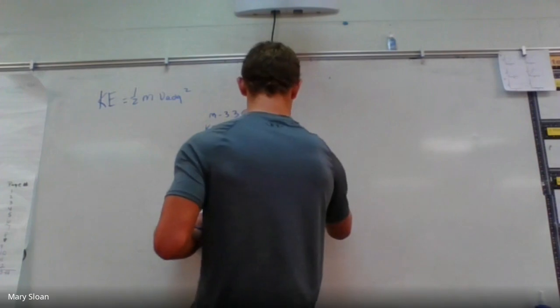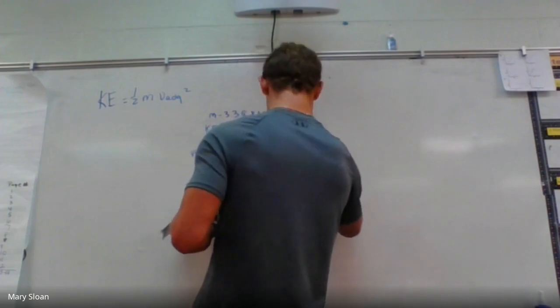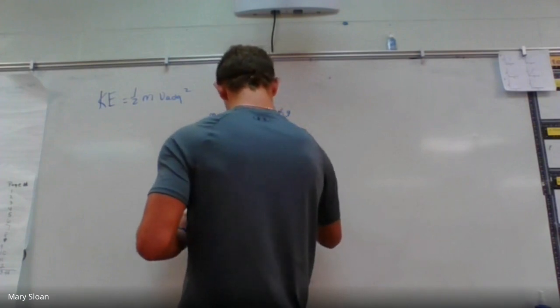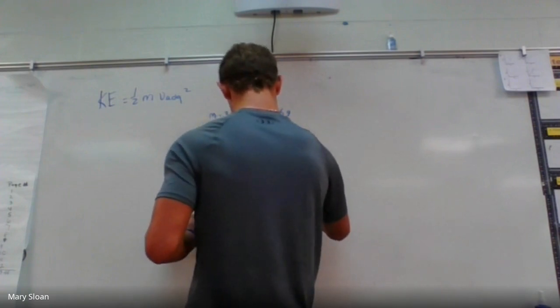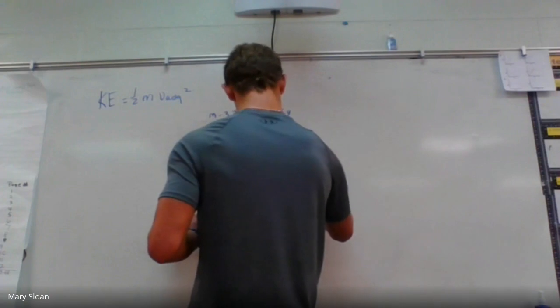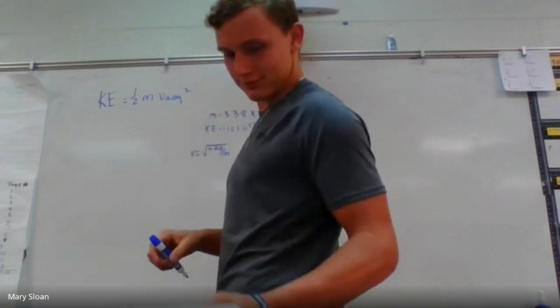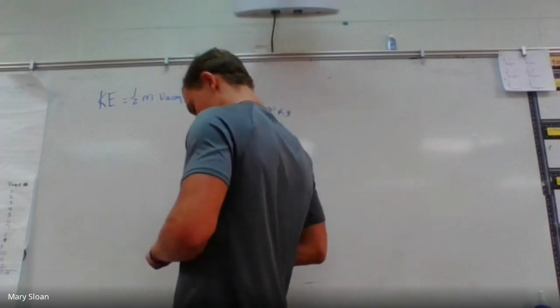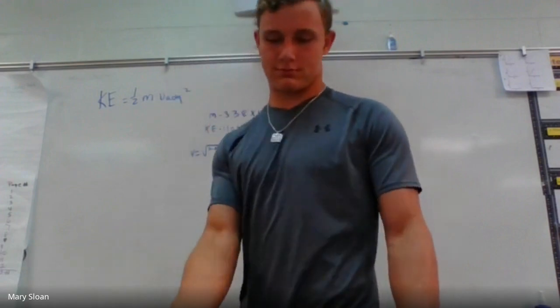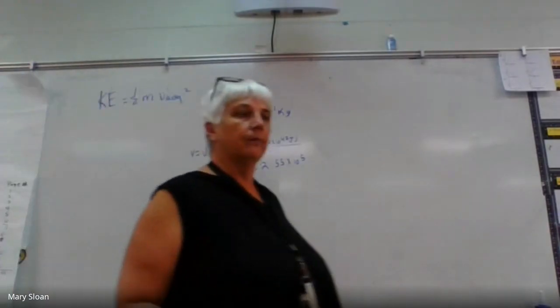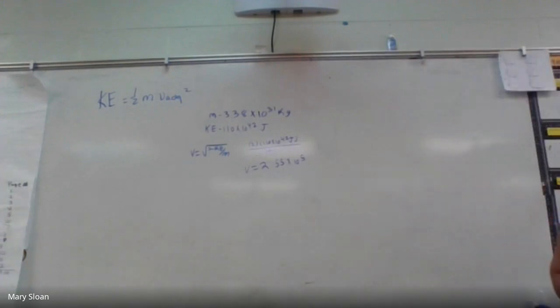And so he's using the velocity formula, the square root of 2 times kinetic energy divided by M, which he got 2.55 times 10 to the 5th power. Very good. Questions, anyone? All right, let's go to the next page.